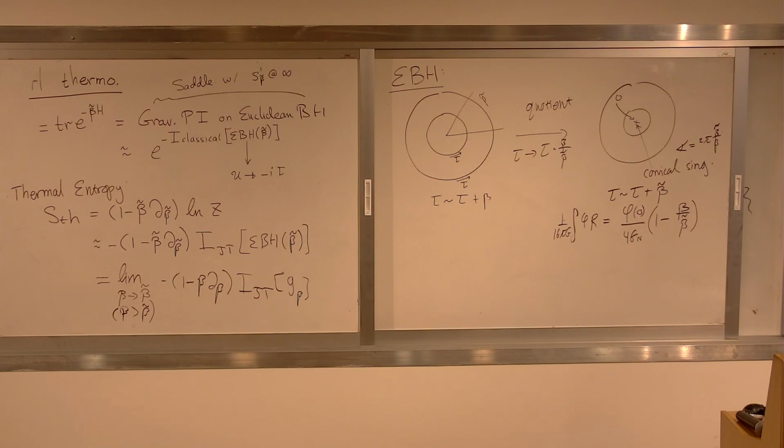Remember in the JT action, there was a phi 0 R term, and there was a phi R term as well. And what I'm saying is that this term plus that term on the singular geometry gives us this piece.